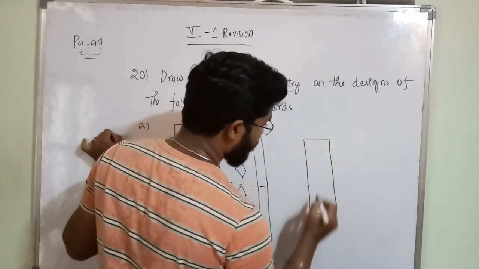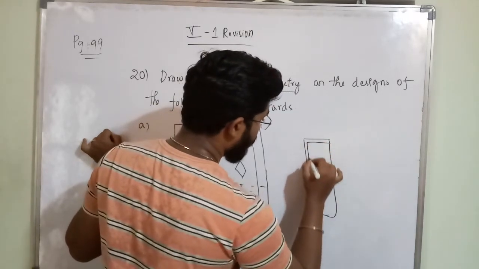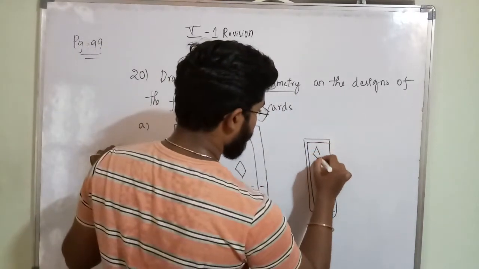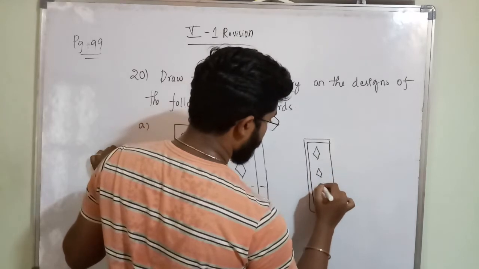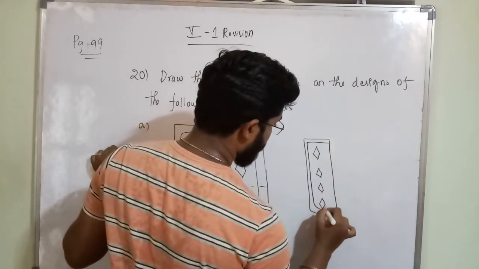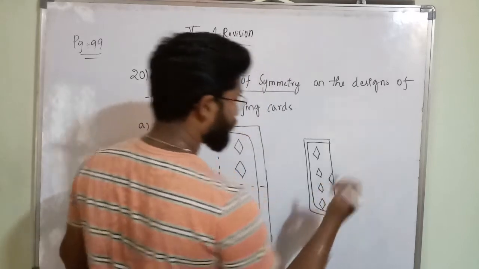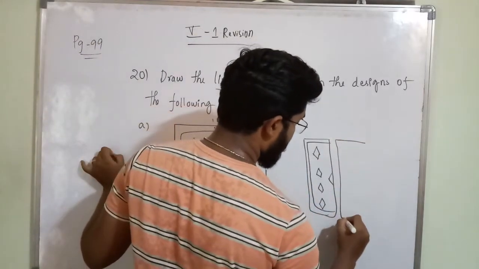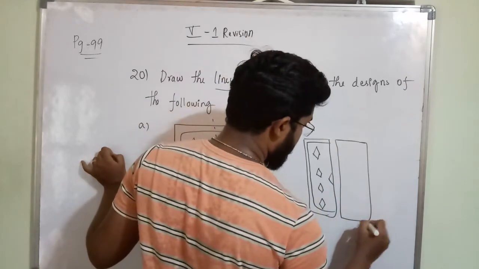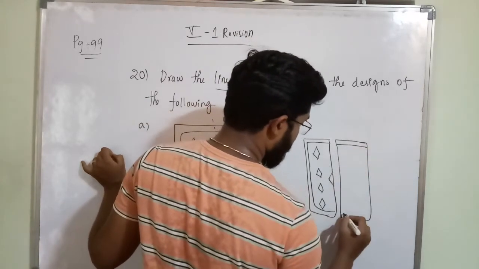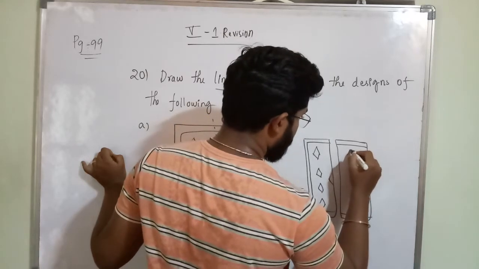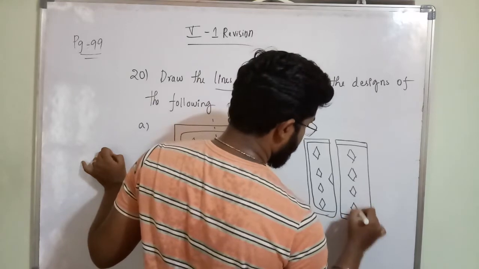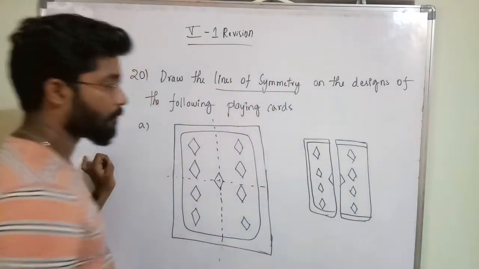Two equal parts we will get. So this is one equal part, and this is one more equal part.